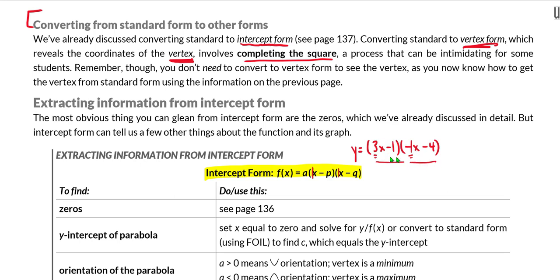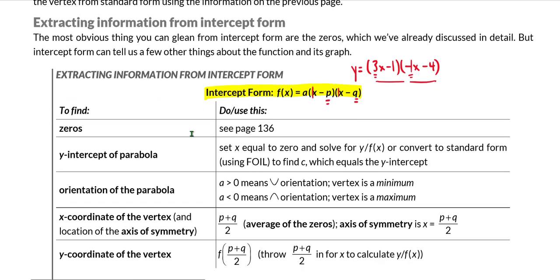And again, we can extract our zeros pretty quickly and easily from this form, but the zeros are not staring us in the face like they are in intercept form. Again, we'll see an example of how we go about converting something that's in that factored form into the more specific intercept form.